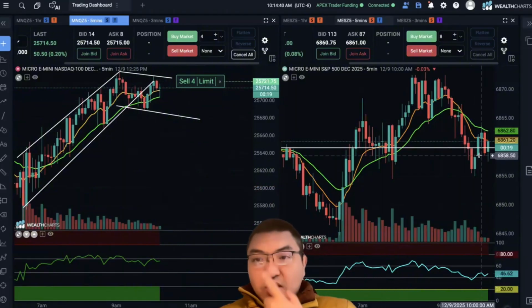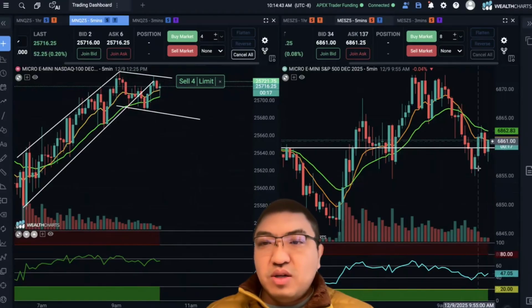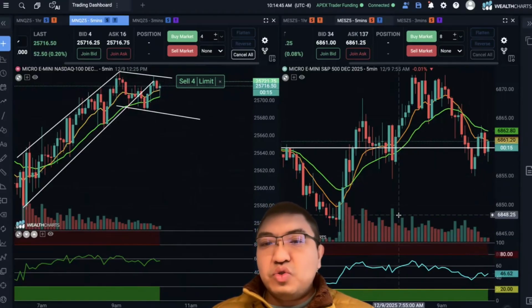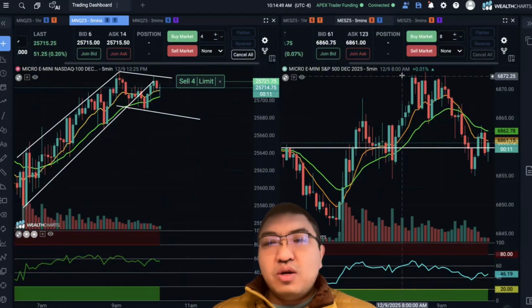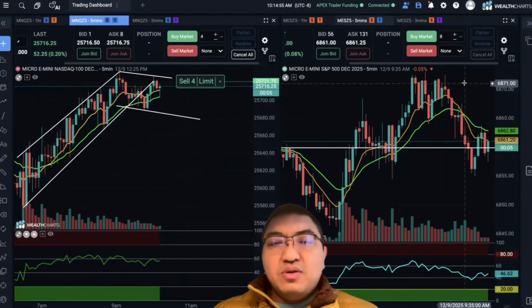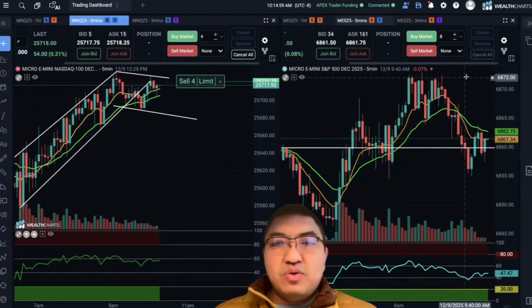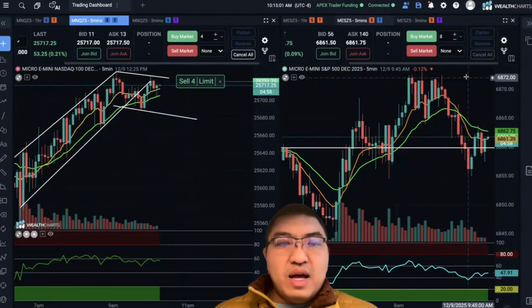So for ES, we cannot conclude that it's going short because it's in the middle of the range. Go long at the lower bound, go short at the upper bound when the confirmation signal appears. And when you break out, set out a new range and redefine the lower bound and upper bound.